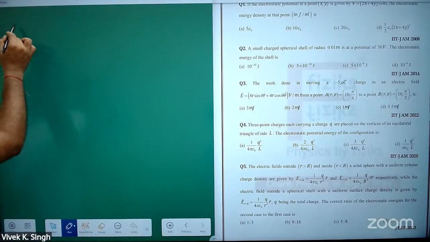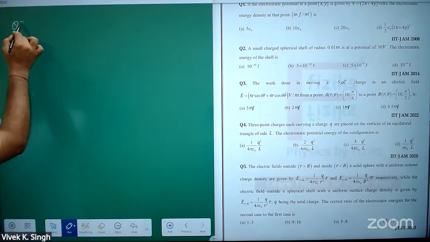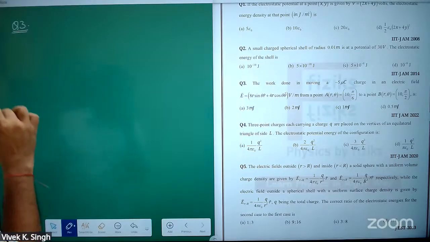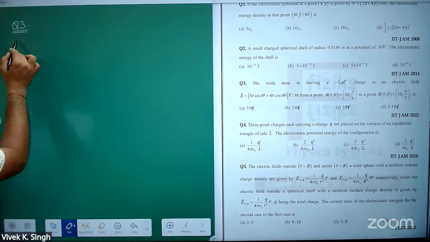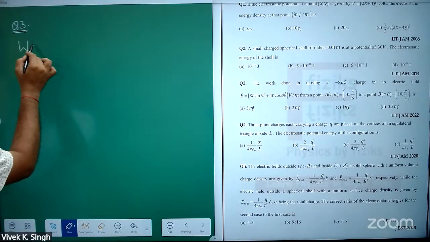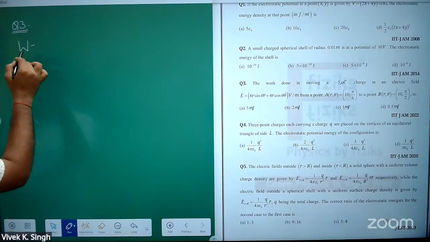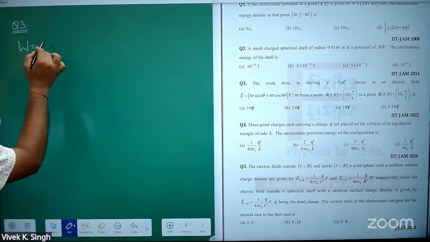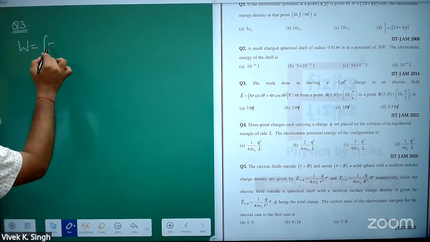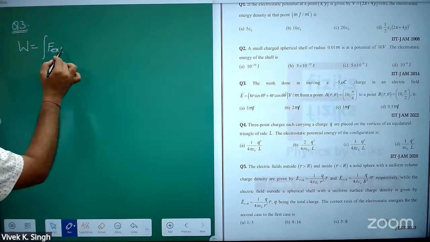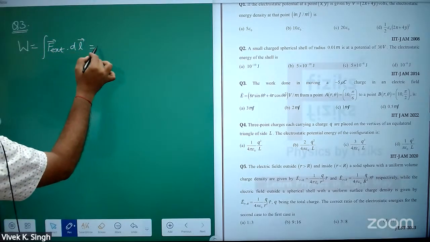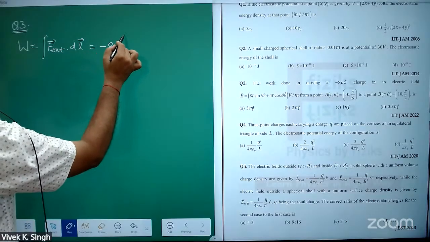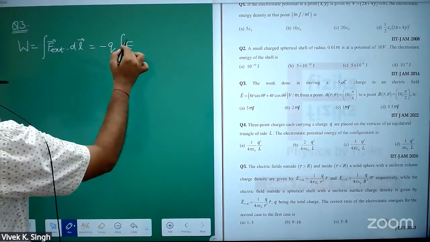So let's see question number 3. In question number 3, work done is given by F external dot dl, and this is minus Q into E dot dl.